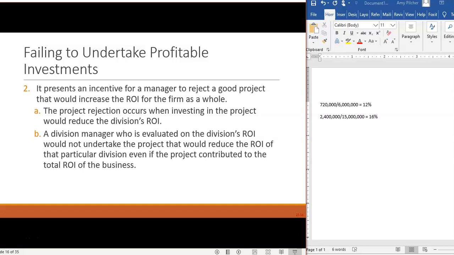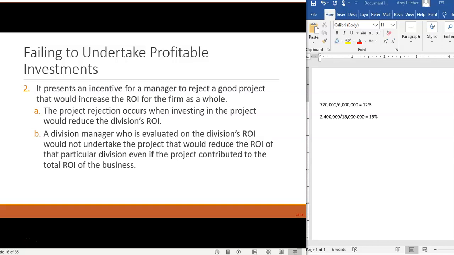They might also reject good decisions. So one of those things that can happen is if we have a project that if we invest in, it's going to reduce our ROI because we're going to have to make a capital expenditure. So if I could potentially buy a new machine that's going to benefit the organization in the long run through cost savings and improved production.